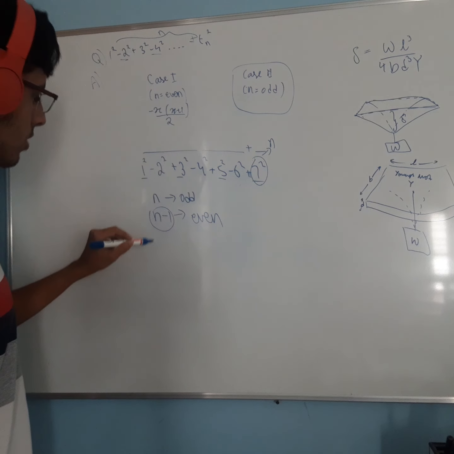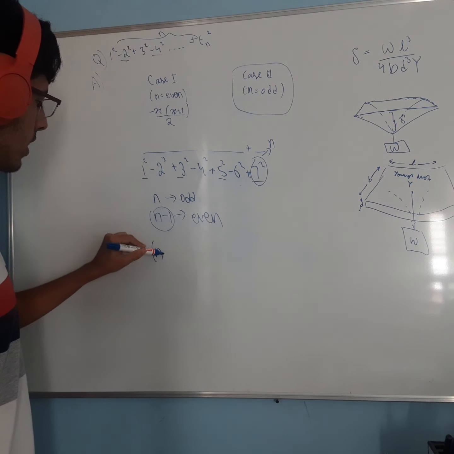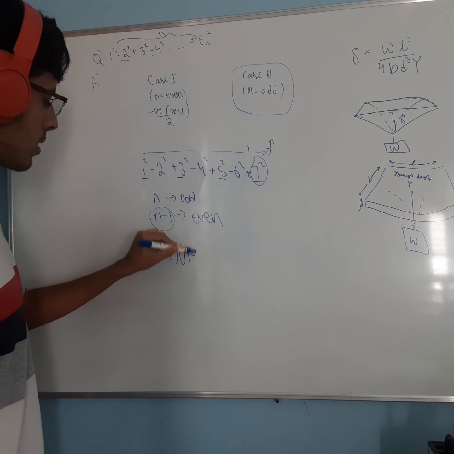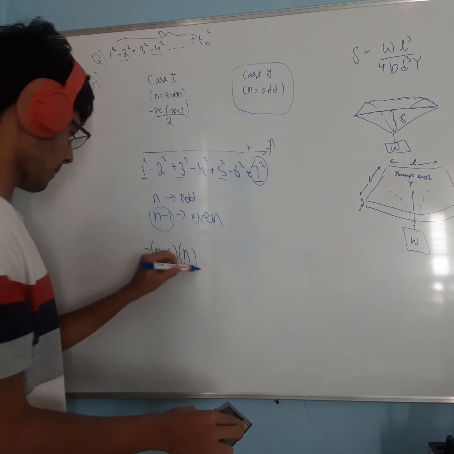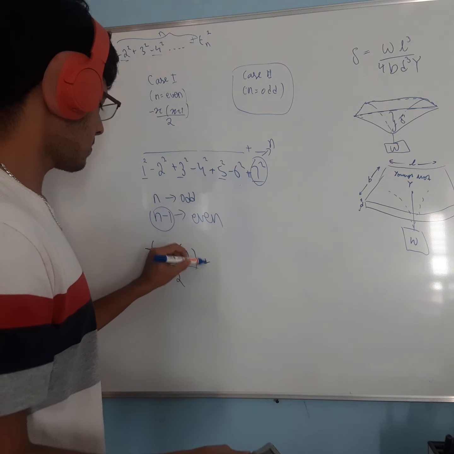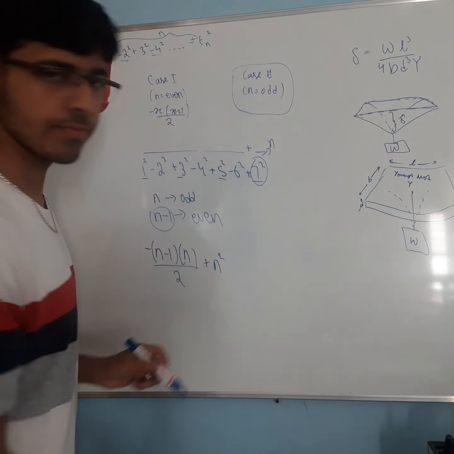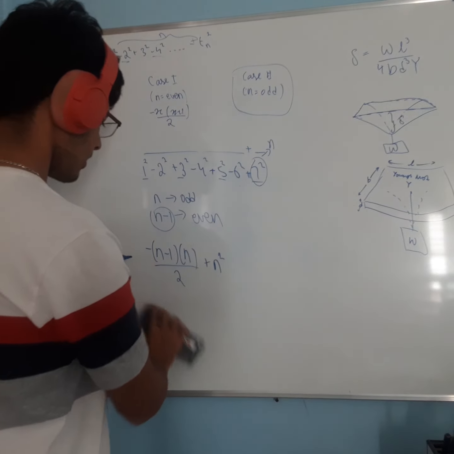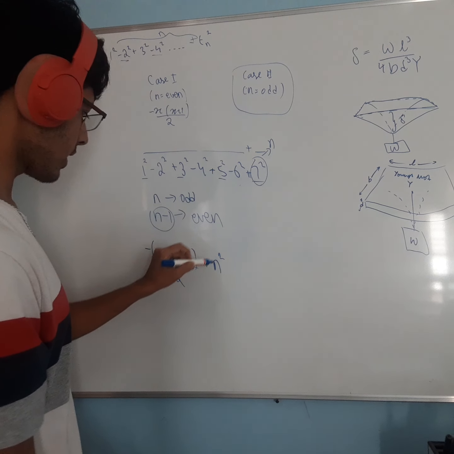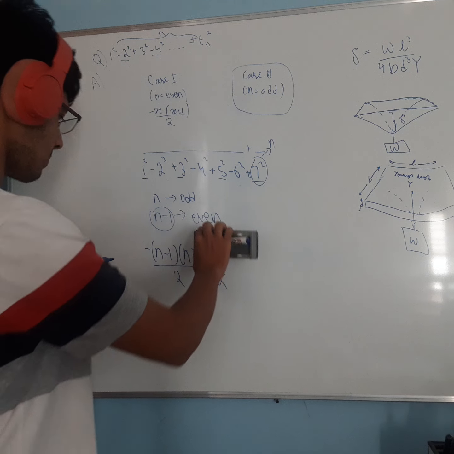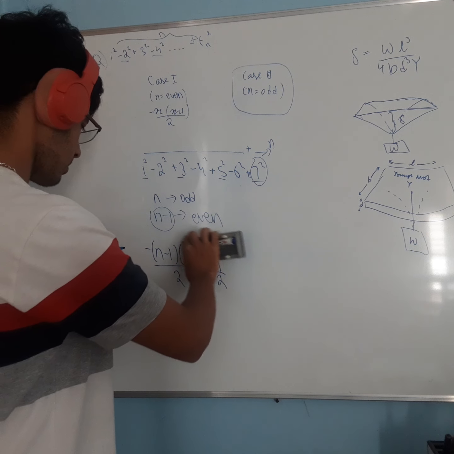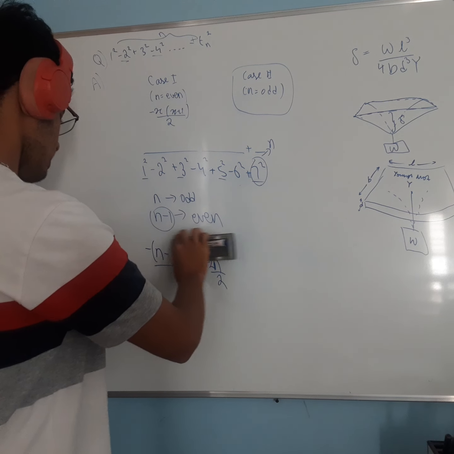Substituting n minus 1 into that, we'll have minus of n minus 1 into n minus 1 plus 1, which is basically 0 by 2, plus n square. How easy is that? So this again, you can take an LCM over here, and opening the bracket gives you n square minus n.